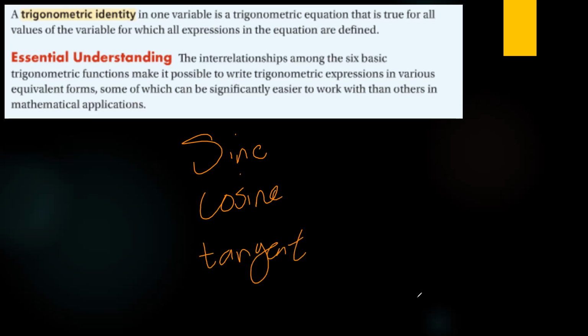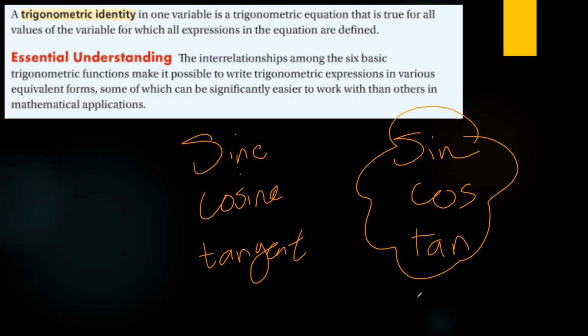So these are the three main functions. Sine, we write it as sin, cosine as cos, and tangent as tan. These are the three basics. They are six in total, and up to now you know three.